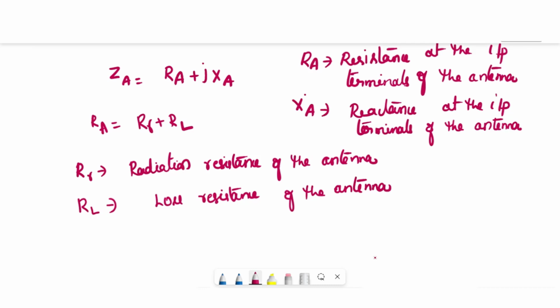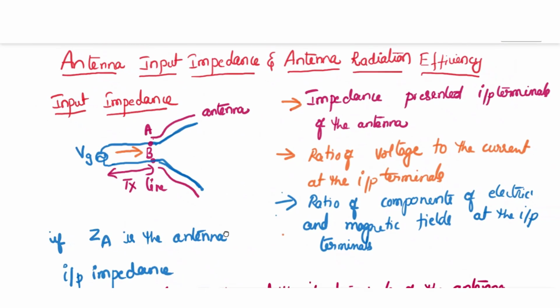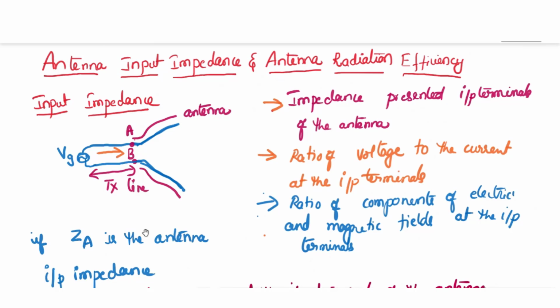Okay, I'll just give a significant point regarding this radiation resistance and loss resistance of the antenna. This radiation resistance of the antenna is the reason for radiating power. See, you are giving the input signal here. So this input signal gets radiated, some gets radiated like this, and some may be reflected back.